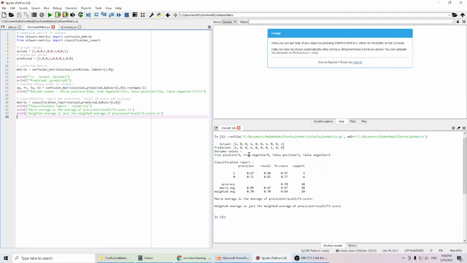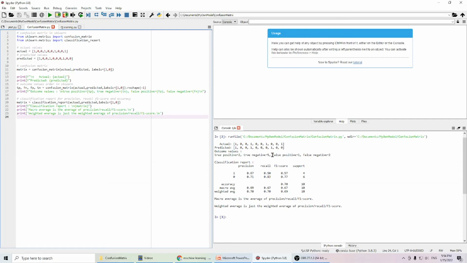How about true negative? We have negative here. 1, 2, 3, 4, 5, 6. But how many did we detect? We detect 1, 2, 3, 4, 5. So true negative equal to 5.